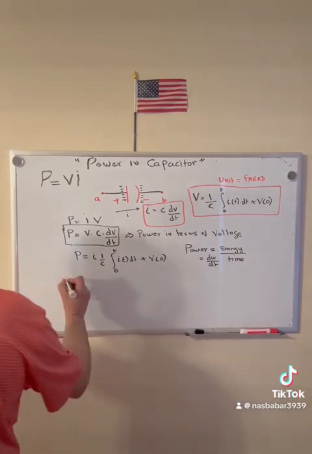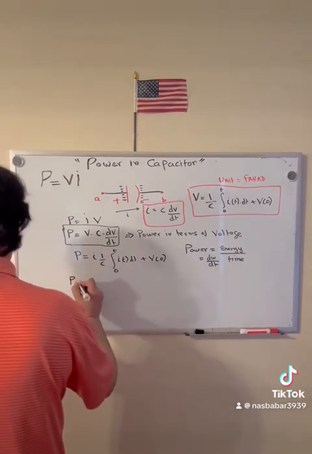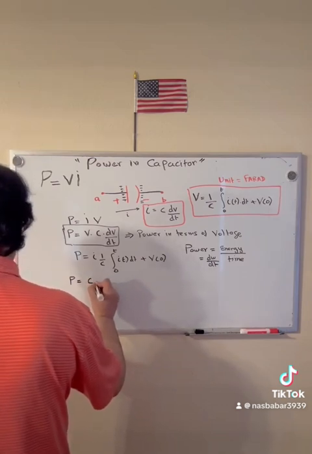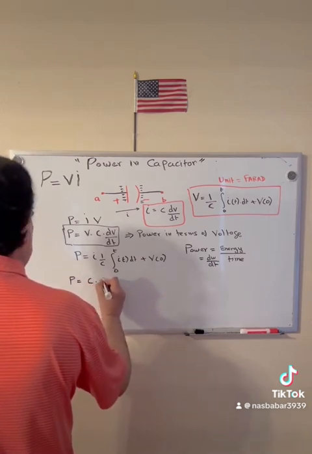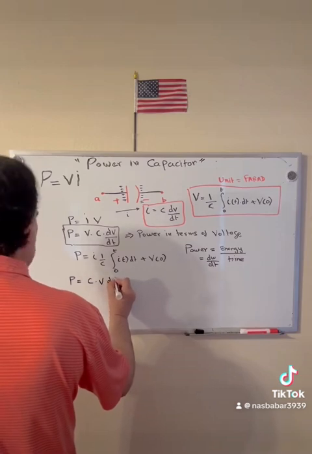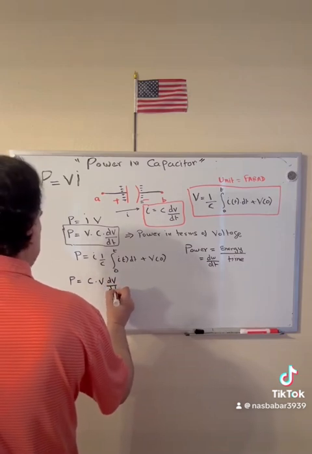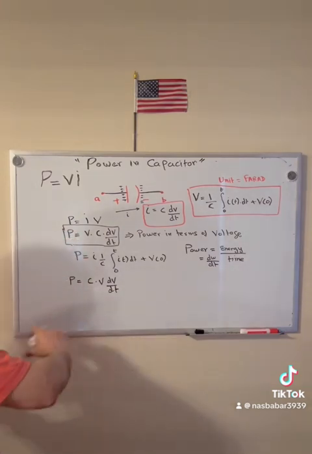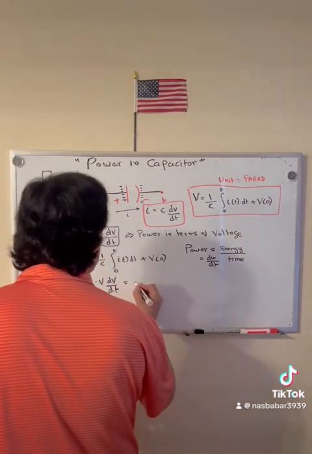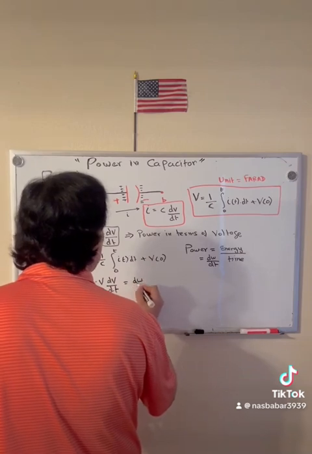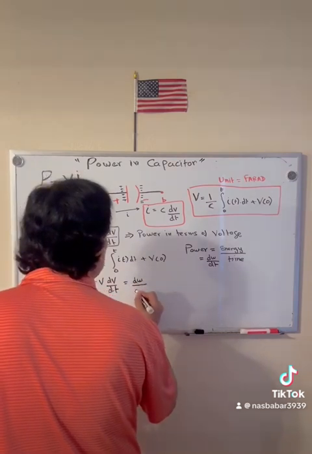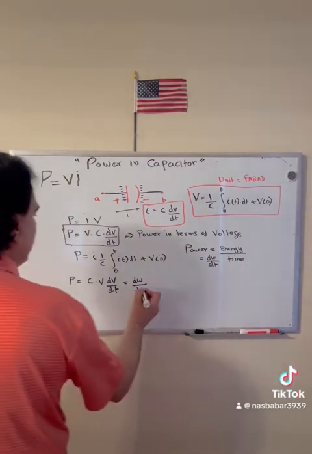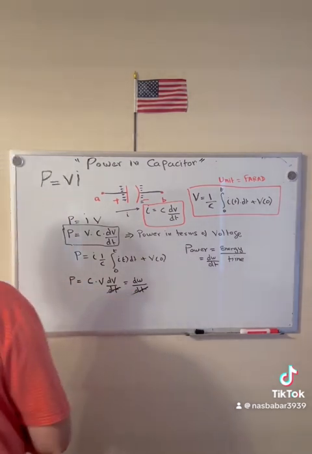Now we can say P is equal to C times V dV over dt, right? Can I not do that? I already showed you right here. So this power, the whole thing, is also equal to the rate of change of energy or work with respect to time. Pretty straightforward. So what we do is cancel these dt's right here, okay?